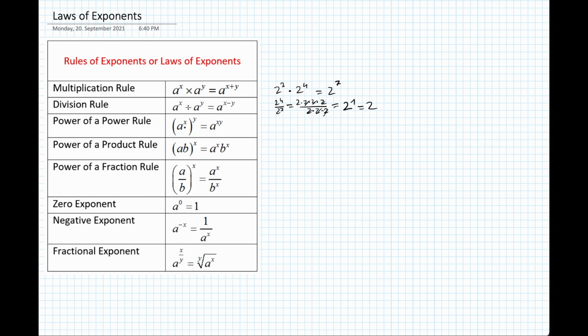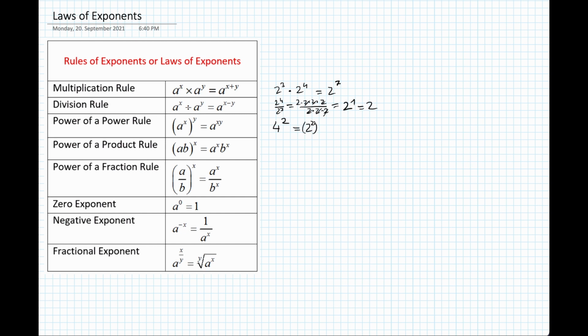Next one, a to the x in parentheses to the power of y is the same as a to the x times y. Now where this comes in helpful is if you have something like this. Let's say that you get 4 to the power of 2. Now 4 is the same as 2 to the power of 2.